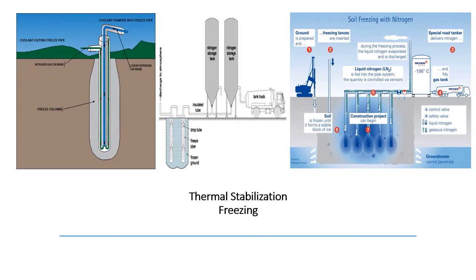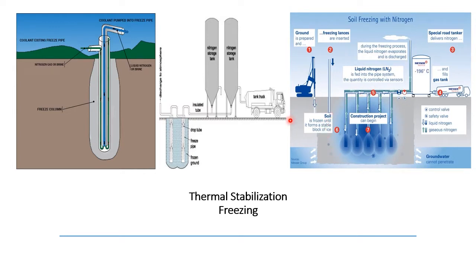In the process of soil freezing with nitrogen, first the ground is prepared and freezing lenses or pipes are inserted. Then a series of freezing tubes is inserted into the ground to form an ice wall, thus creating an impermeable barrier.